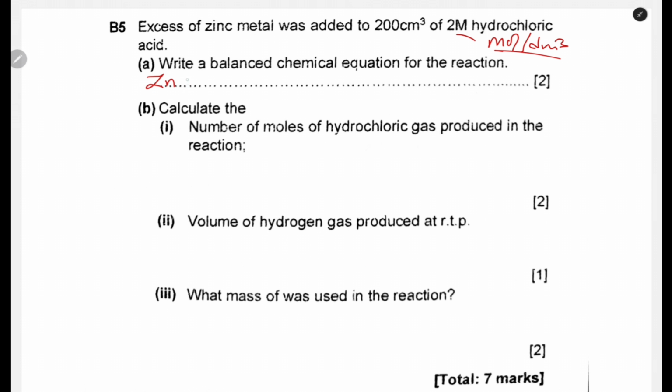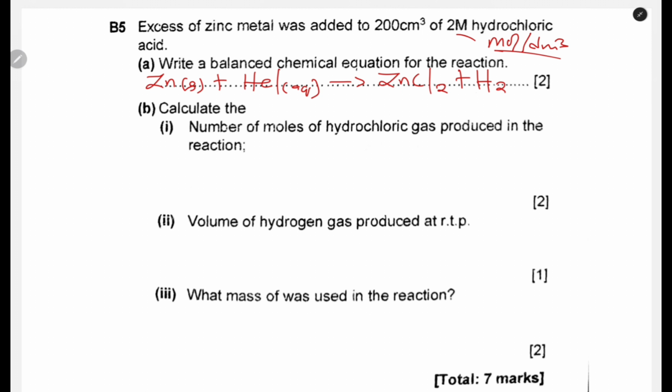So zinc, which is a solid metal, reacting with HCl, which is aqueous. Zinc has a valence of 2, so it will be zinc chloride, which is like this, plus hydrogen gas.